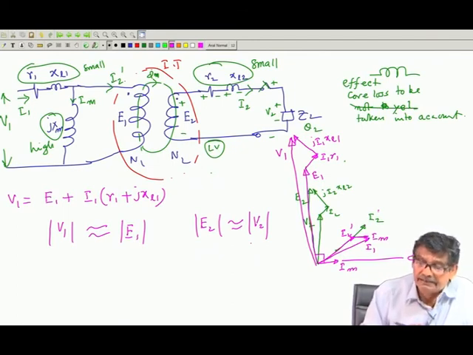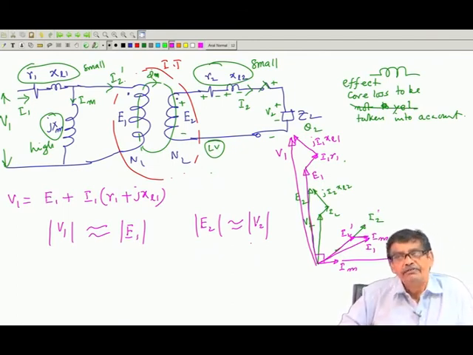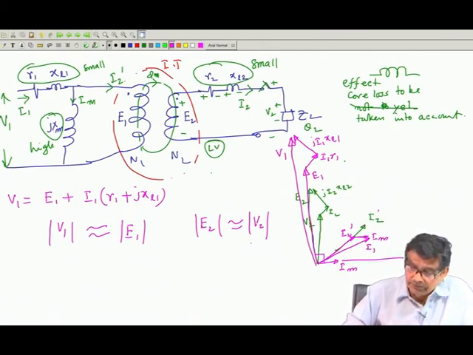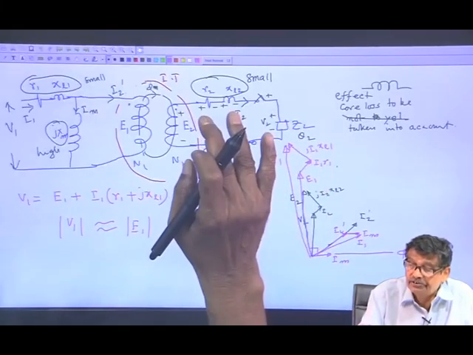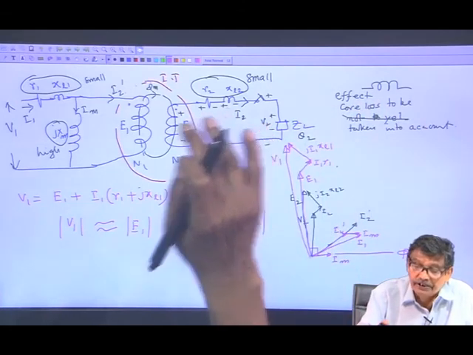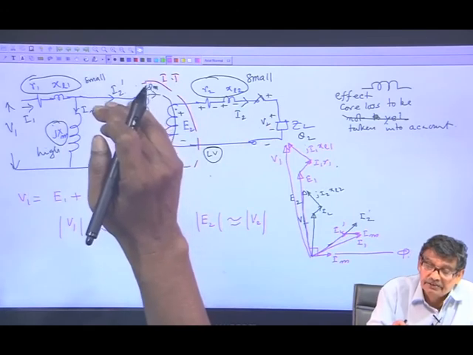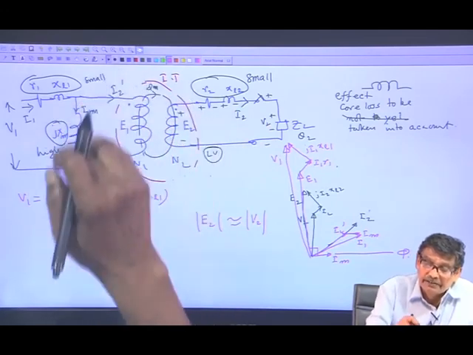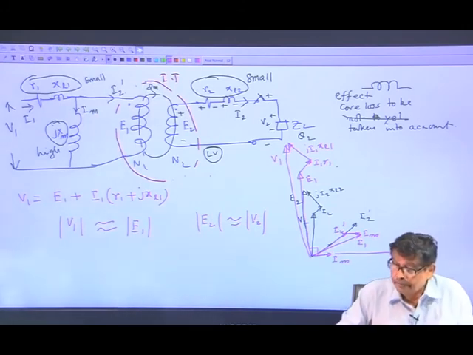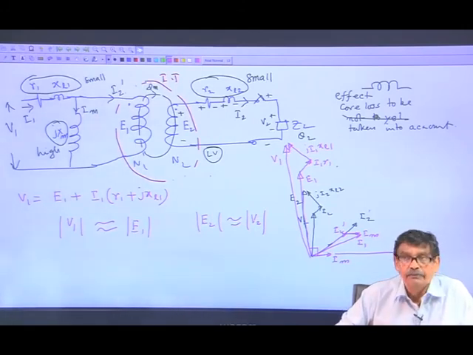Therefore, we can say roughly that the flux level even in a practical transformer will change as you change the value of I2. By varying Z2, I2 will change. So, this drop now with another value of Z2 it will be different. Similarly, here I2 dashed will come, I2 dashed plus Im and so on. So, these drops are small for a well designed transformer.